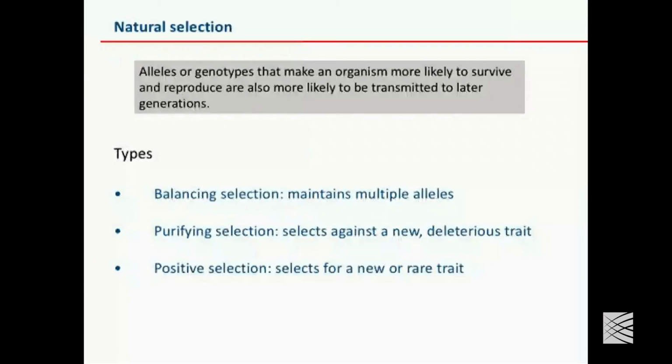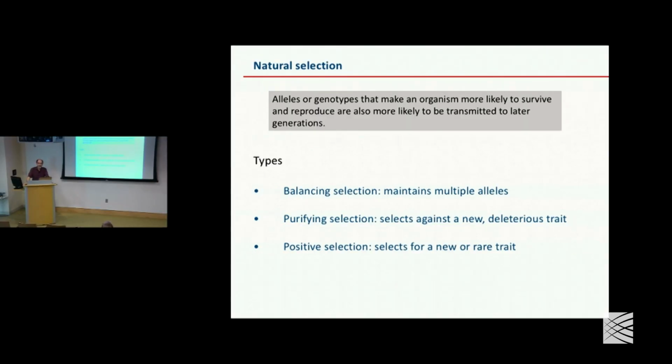It's convenient to break it down into different types of selection, and the first of these is balancing selection, which is the least common. It's selection that maintains multiple alleles in the population. Purifying selection is the most common, and this is selection that selects against a new trait that's deleterious.